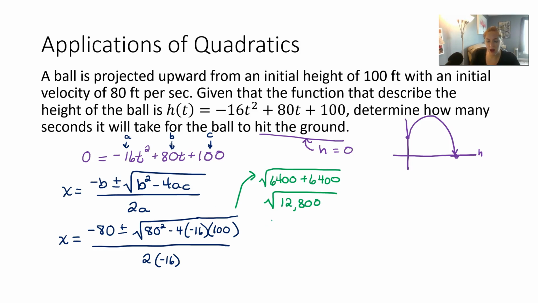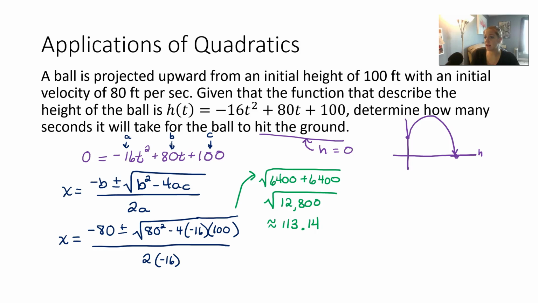It is about 113.14. I'm going to round to like 2 decimal places. And the reason I actually want to find the value of the radical is we're working with a real life number here, and we like to know the actual distance rather than the radical notation.